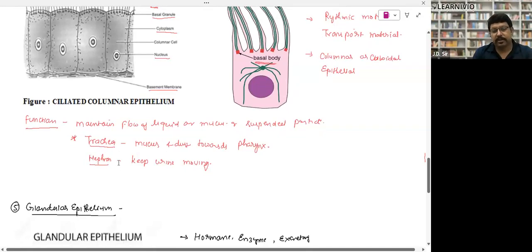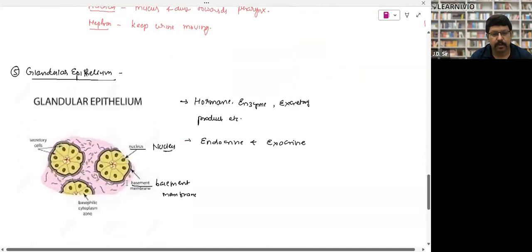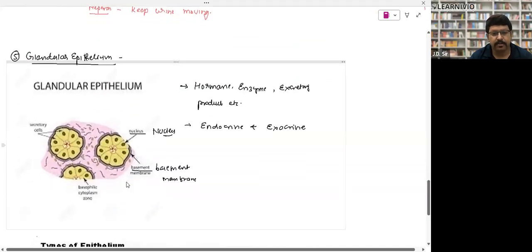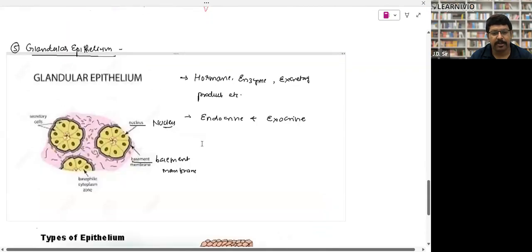This question I have been asked: in the trachea these ciliated epithelia are found, and even in the nephron. Glandular epithelium is again a modification of cuboidal and columnar. They secrete hormone, enzyme, or excretory product, and they may have endocrine or exocrine function. So they are the glandular epithelium.